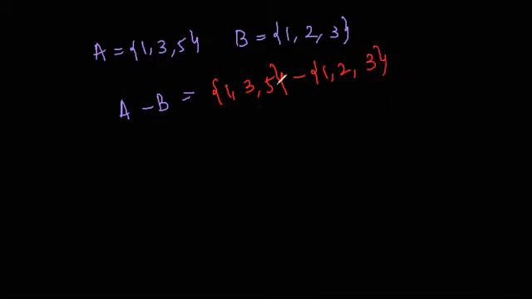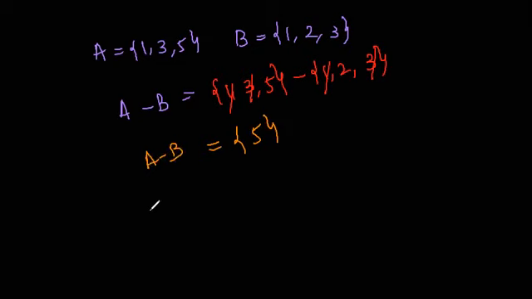To make it simple, we can cancel the elements which are in both A and B. 1 is in A and in B. Next, 3 is in A, 3 is in B. Now 5 is only in A. So the solution will be the element which is left over only in A, so A minus B is equal to 5.